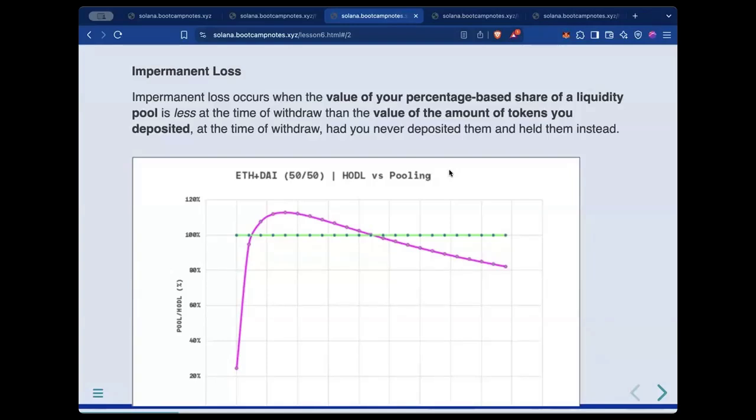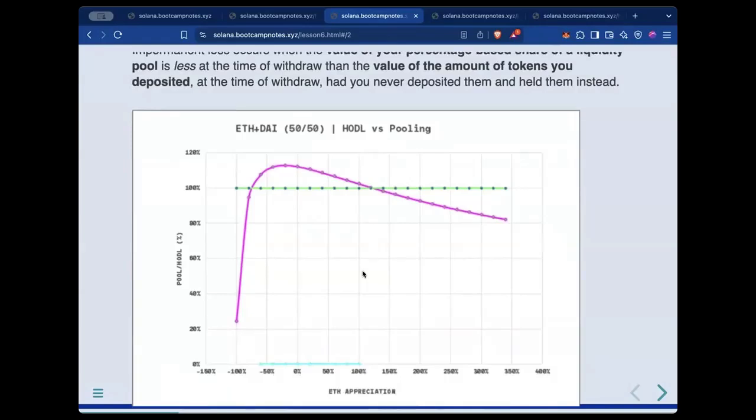So although you perhaps get back more tokens than you put in, the actual value, the real world value, however you want to judge that, maybe the USD price, maybe that will have fallen. So it may not have been a good idea to leave the tokens in the pool for that period of time.